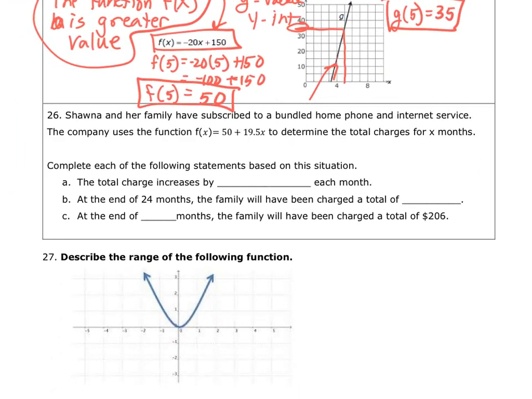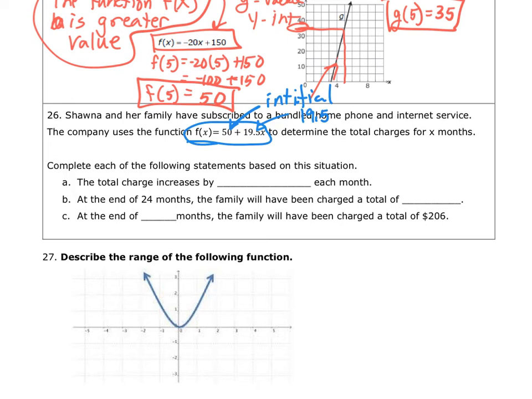All right, taking a look at number 26. Shauna and her family have subscribed to a bundle home internet service, and the company used this function to determine the total charges for x months. Now let's talk about this function. That means they had a sign-up fee or an initial fee or a starting fee of $50, and then they get charged $19.50 each month.